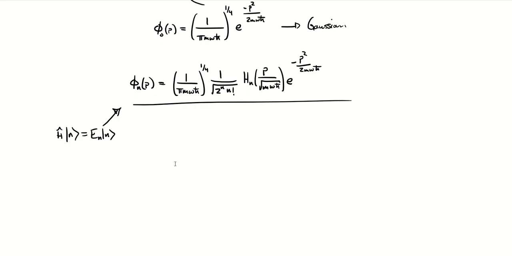Lastly, the thing we could have done is use the Fourier transform, right? We know that the momentum space wave function is the Fourier transform of the position space wave function. So if we were to integrate from negative infinity to infinity our position space wave function times e to the negative i p x over h bar dx, we get our momentum space wave function.